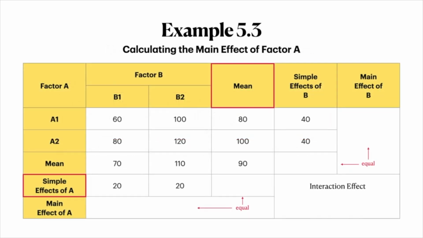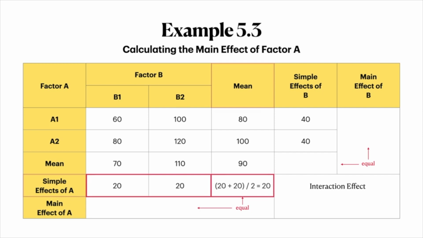And here we see how we calculate this quantity in the context of the table. We want to calculate the mean of the simple effects of A, so we put that value in the cell that is the intersection of the column for the mean and the row for the simple effects of A. 20 plus 20 over 2 gives us 20, and so the main effect of A, according to this calculation, is equal to 20.